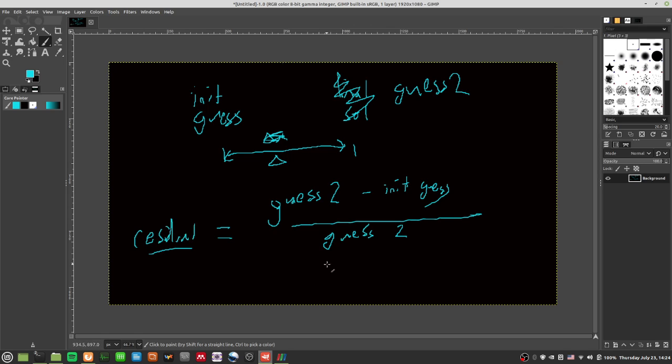Now, if you have a very small residual, you can more or less say that the error between the initial guess and the next guess straight after that is small. You can more or less say you have reached a solution.